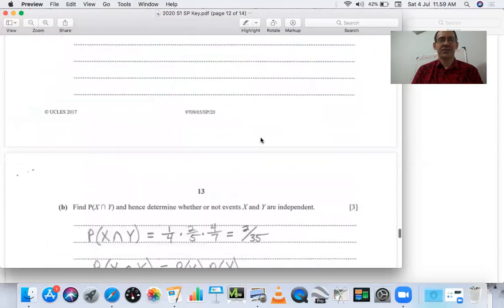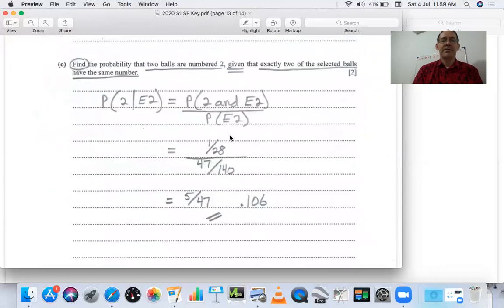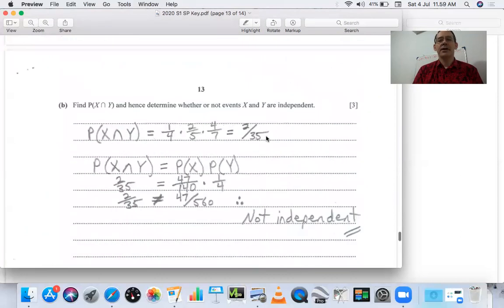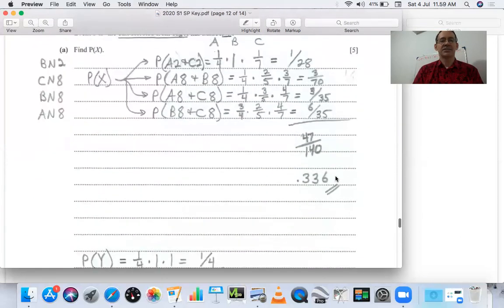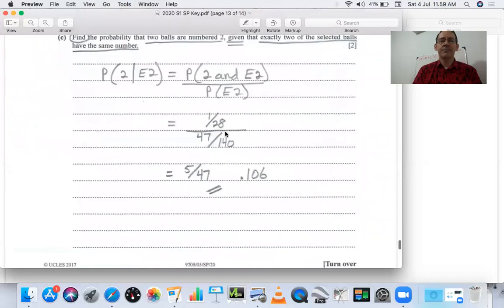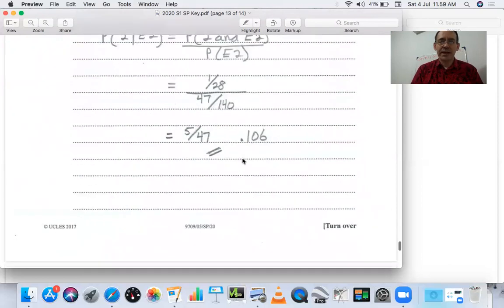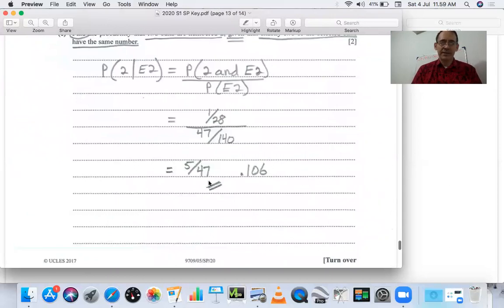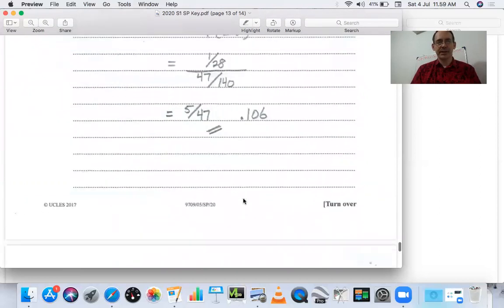So the 1/28 is the top one here, and then the probability of them being exactly 2 of the same number is what we found here as the total, the 47/140. That was all the possible ways of getting exactly 2 the same, 47/140. So that is the bottom number. You divide those, you get 5 over 47, which is 0.106 if you write it in 3 significant figures, or it might even be exact. But here's your answer to the conditional probability question.